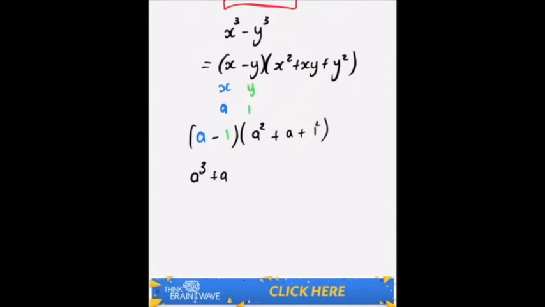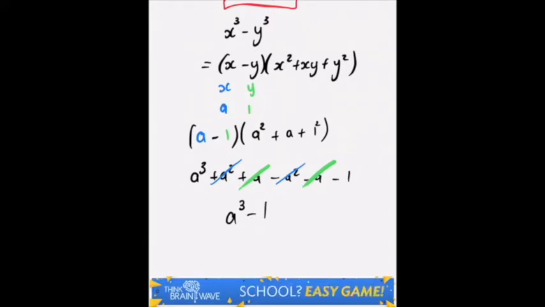Let's say a times a squared is a cubed, plus a times a, which is a squared, plus a times 1, which is a, and then you do the same with the minus 1, and that's the answer that you get. You cancel and group your like terms, giving you a cubed minus 1, which is exactly what you started off with. Therefore, your cubes that you factorized out are correct. And voila, easy game. There's your answer.